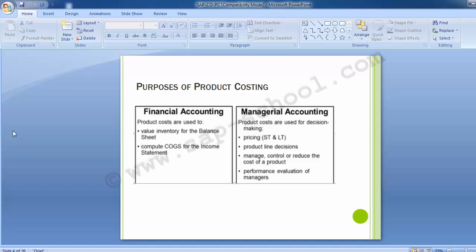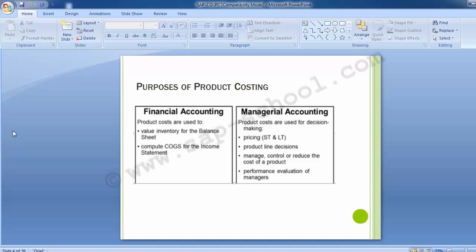The product line decisions have to be decided on the basis of the product cost. In that, the management looks into what is the actual cost of the product, what is the sale price, and what is the profitability that the organization has been able to make with that particular product. So accordingly they decide the product line for the organization for the future ahead.